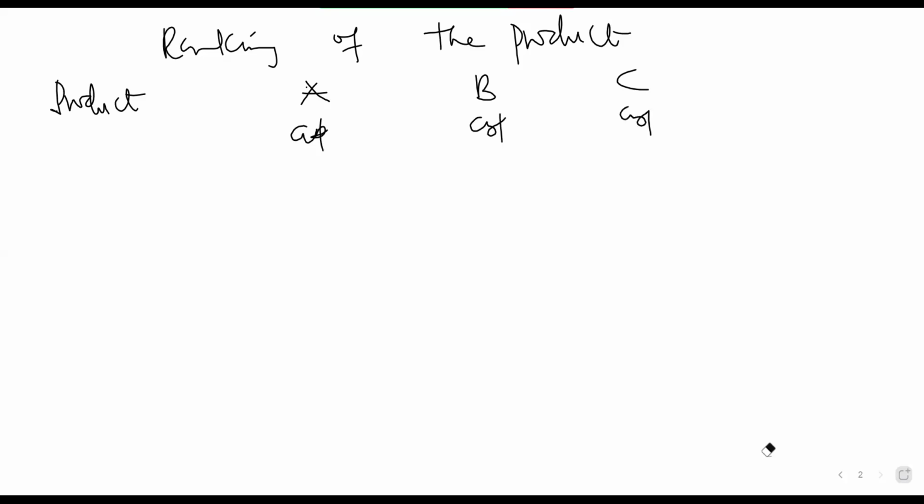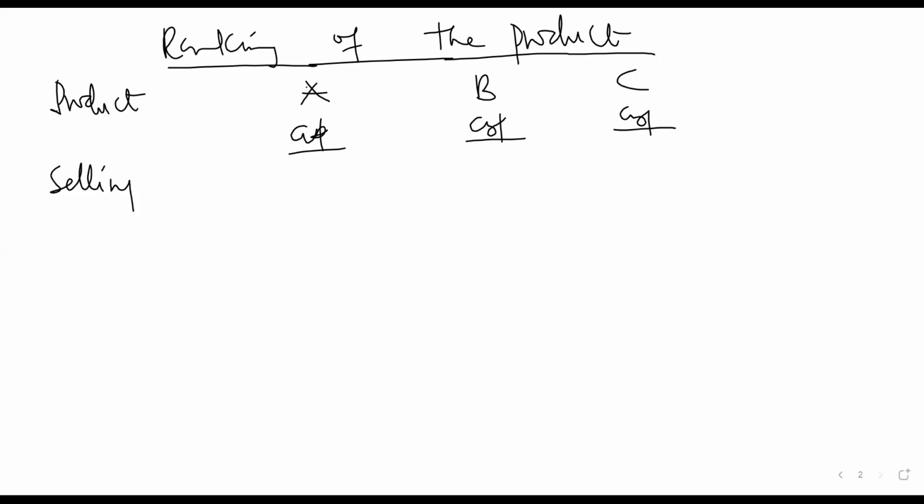What will be the first thing that will come? The selling price per unit. So selling price per unit for each of them is what?